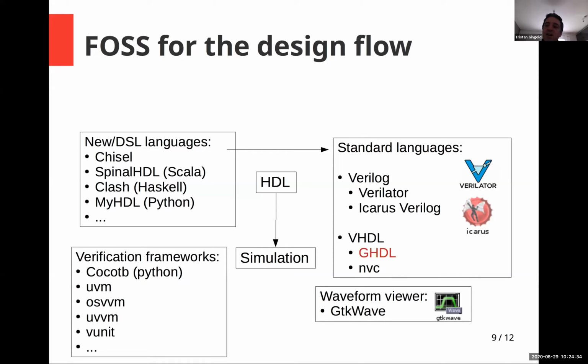The main drawback of this approach is that Verilator only supports a subset of SystemVerilog. The other tool is Icarus Verilog, which is a little bit more traditional, and it interprets the Verilog or SystemVerilog input. So it is much slower, but I think it still supports a slightly larger SystemVerilog subset.